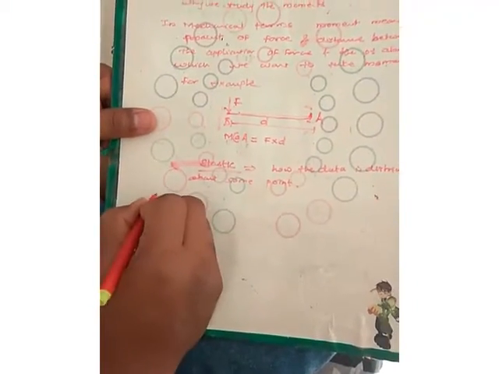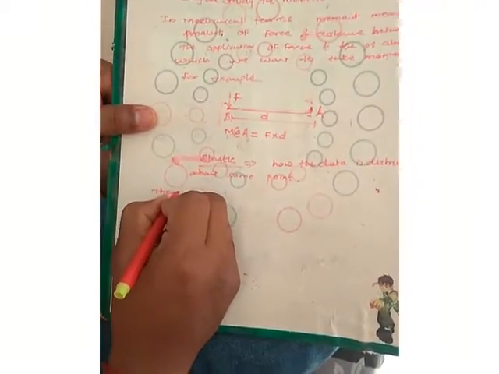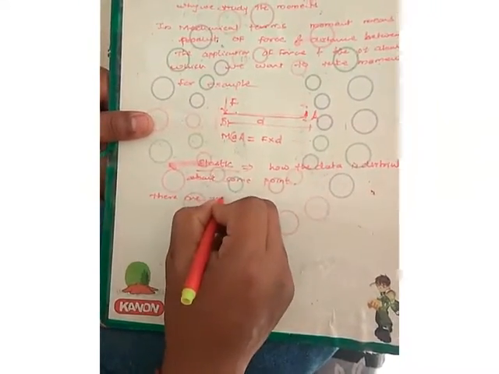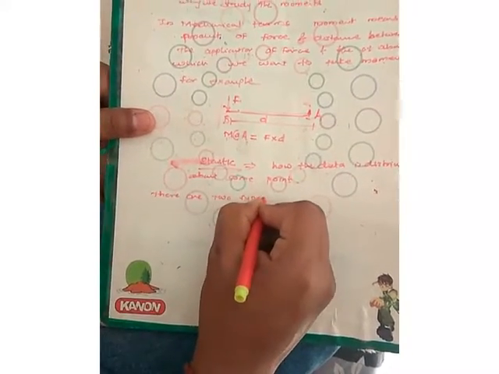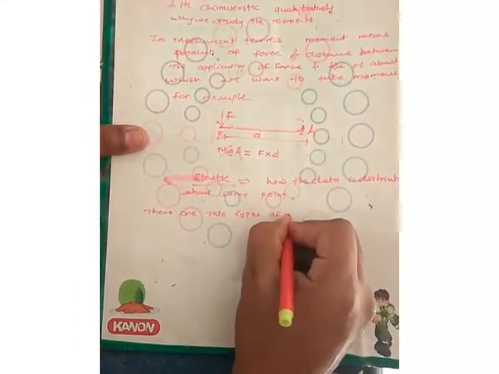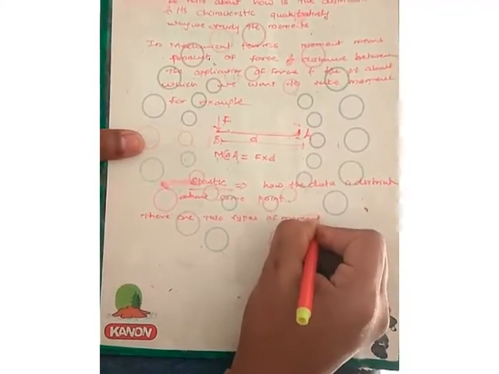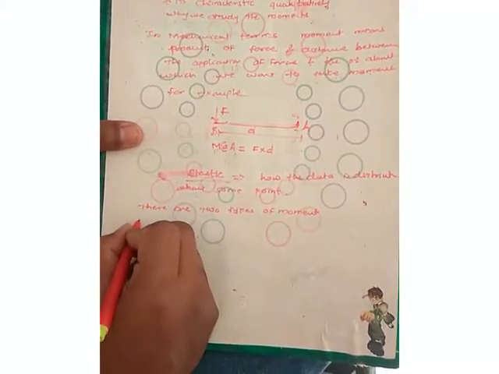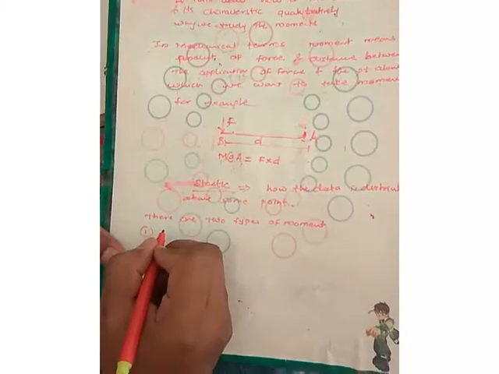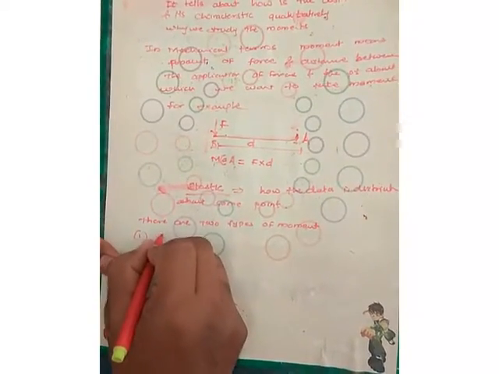So there are 2 types of moment. First, the moment about 0.